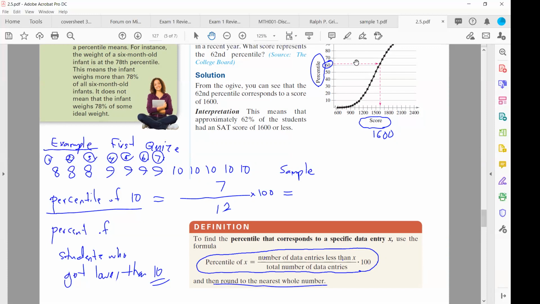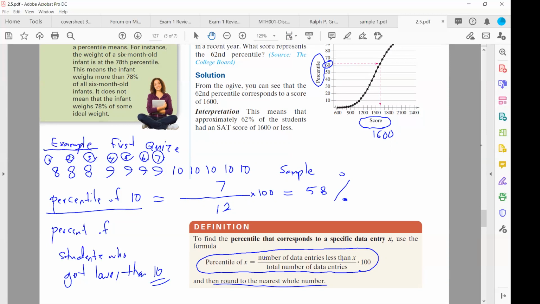What's your percentile? 58%? Thank you, guys. So it means that 58% of the students got lower than 10.